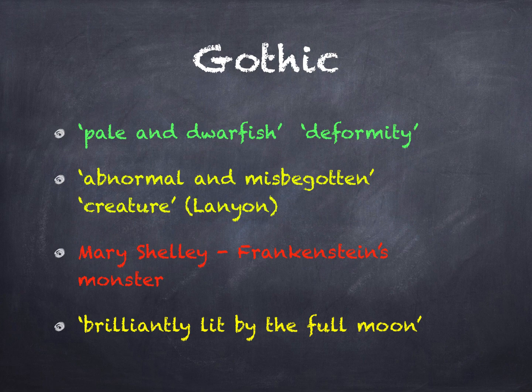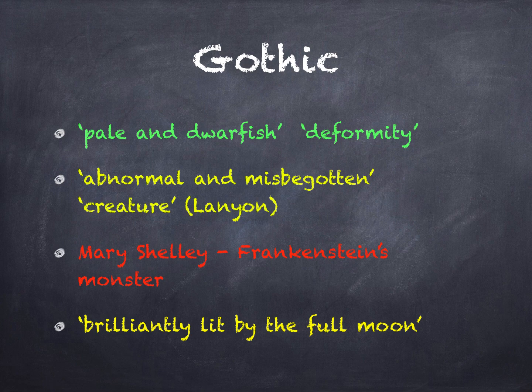Dwarfish is not fully grown, sometimes something magical, mysterious about it. Somebody who has a deformity is not fully formed or not correctly formed, doesn't fit in. So this kind of description is typical of a character from a Gothic novel, somebody who doesn't conform to the healthy image of what a person should be.